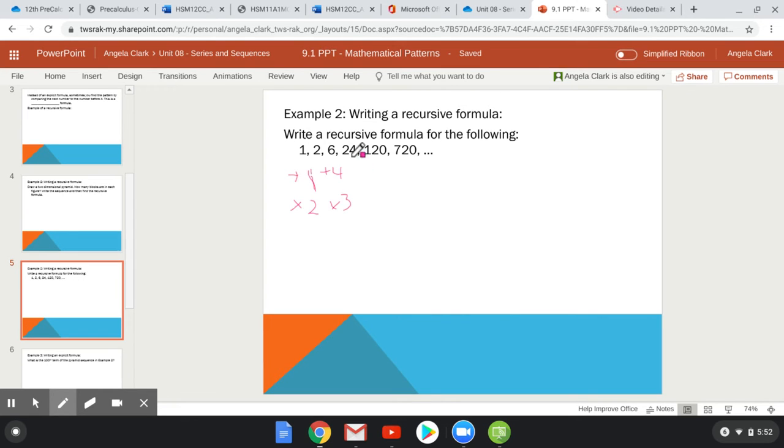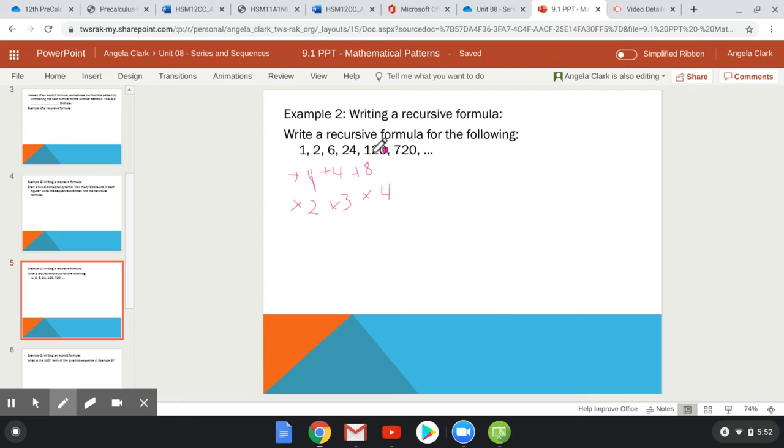To get from 6 to 24, we're either adding 8 or we're multiplying by 4. To get from 24 to 120, we're either adding 96 or multiplying by 5.